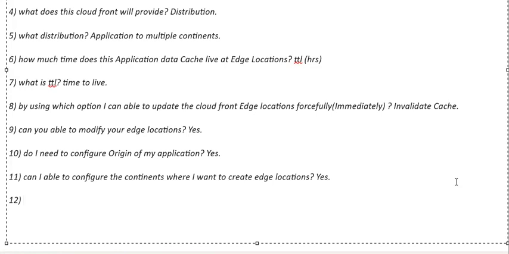Okay, let's move on to another question. While configuring my CloudFront, can I restrict certain geolocations? In short, can I configure geo restrictions?